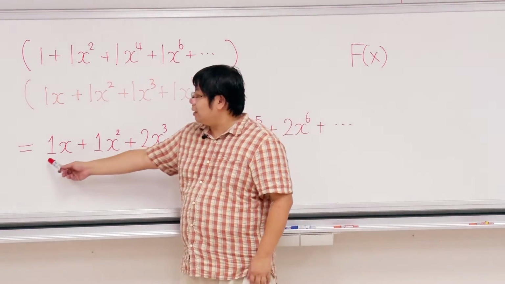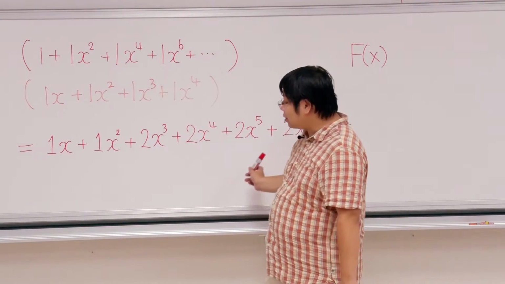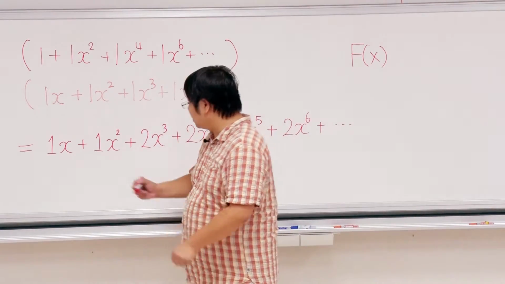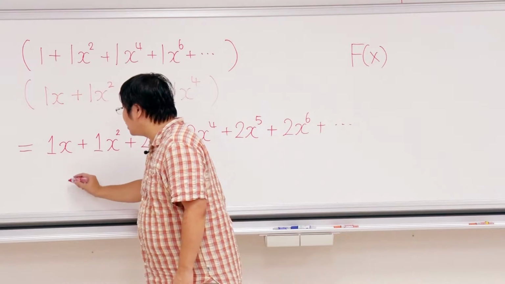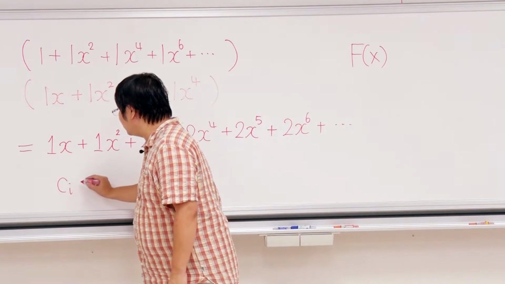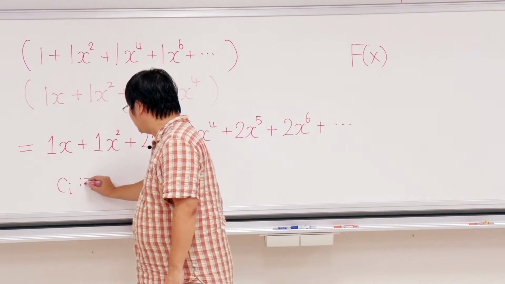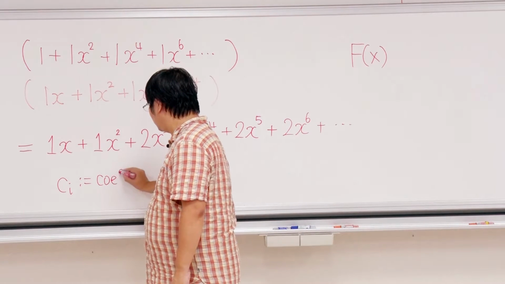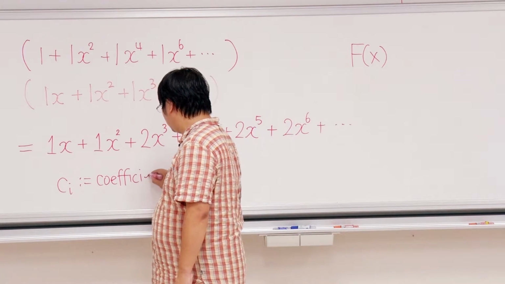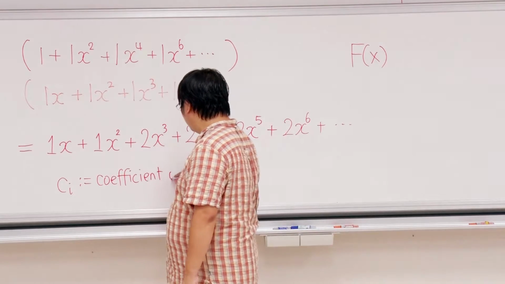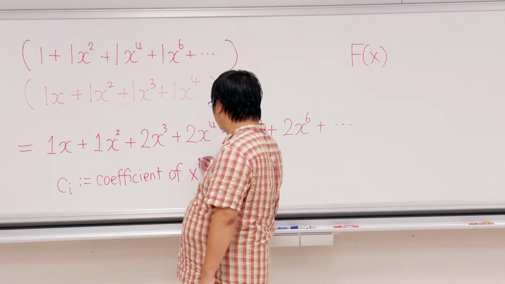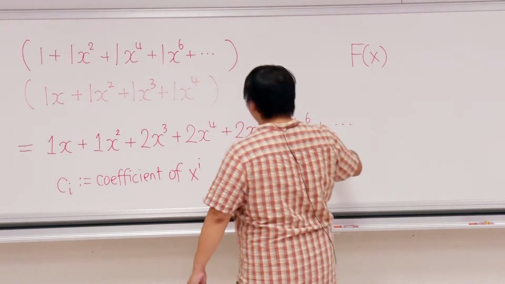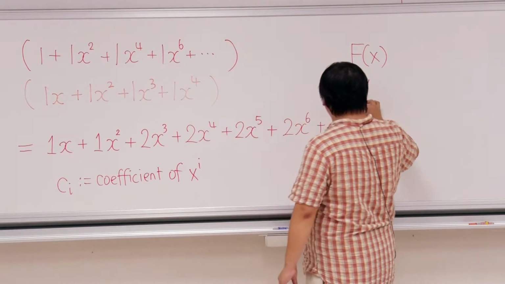So here, this is a generating function such that, suppose that c_i is the coefficient of x^i in this formula. Let's call this formula f(x).